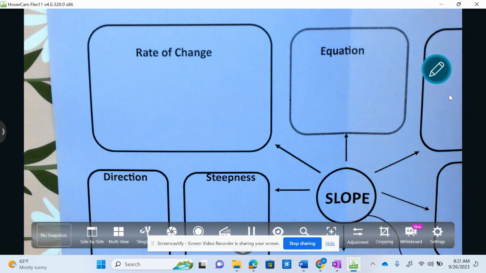Just 2.3a. I'm going to give you another minute to get those written down, and then we're going to open up the inside and I'll put those back up.